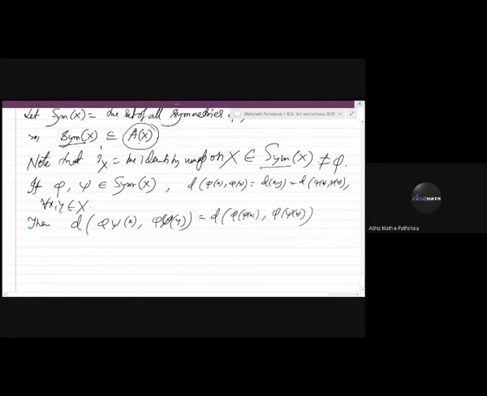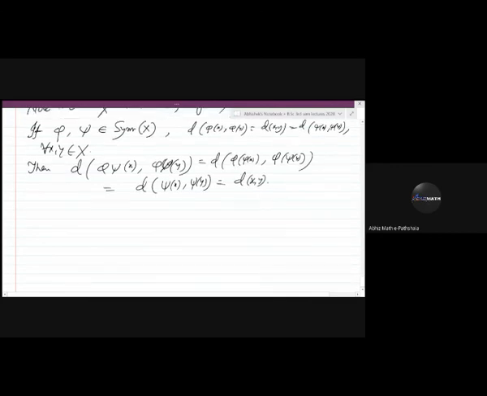Since phi is a symmetry, it must be d of psi x, psi y, and again since psi is a symmetry, it must be d of x y. So yes, it proves that phi psi is a symmetry of the geometrical figure. Phi psi belongs to Sym X.